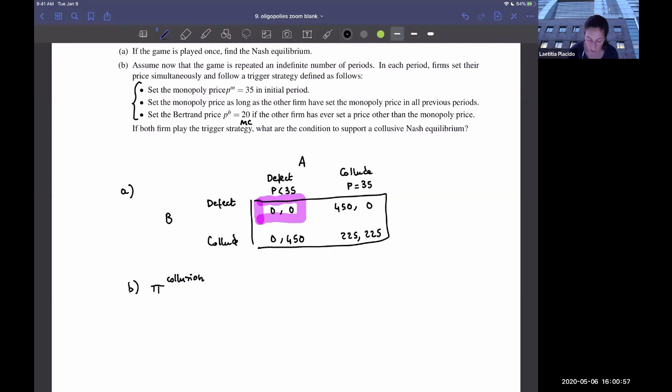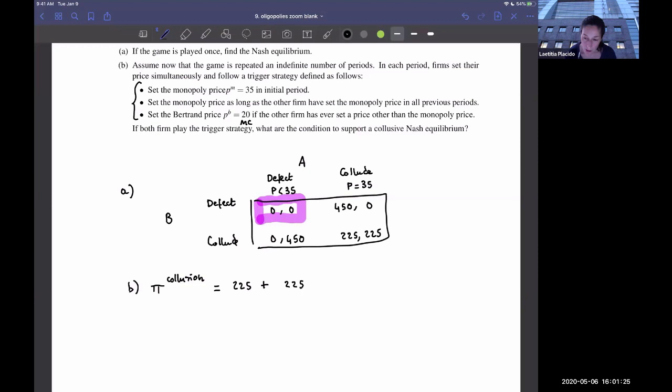So what is the profit from collusion for any given firm? Well, in the current period, I collude, I behave well, I get 225. What do I get in the next period? If I behave well, I know that the other firm is going to behave well and also set the monopoly price, so I also get 225.